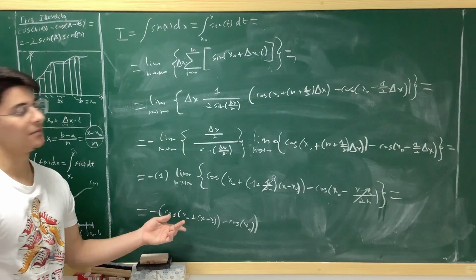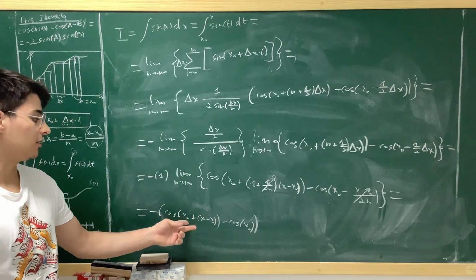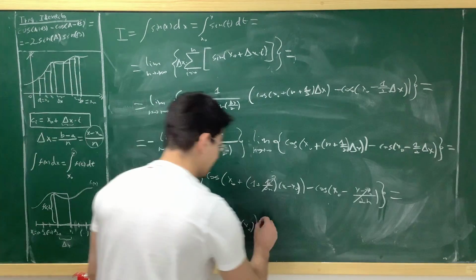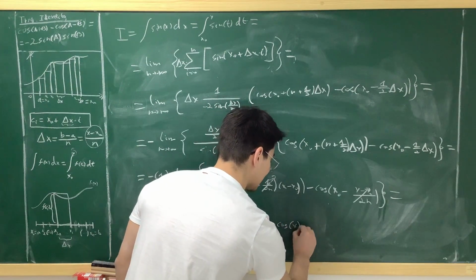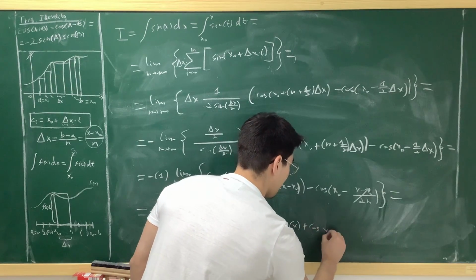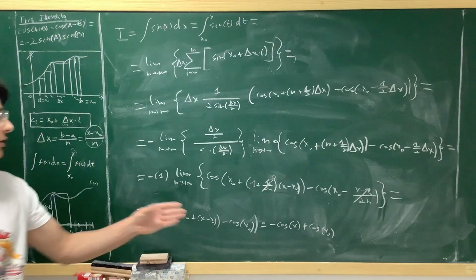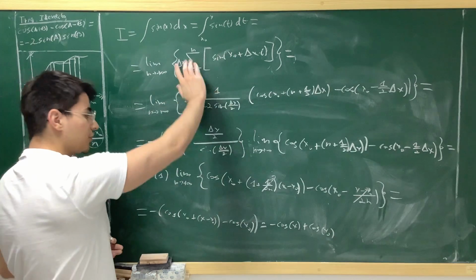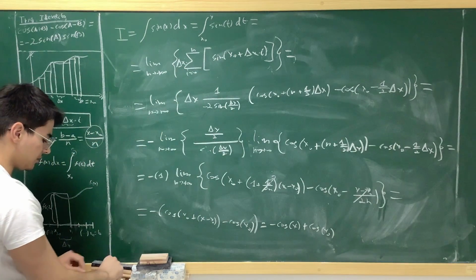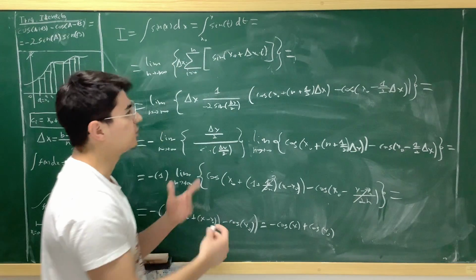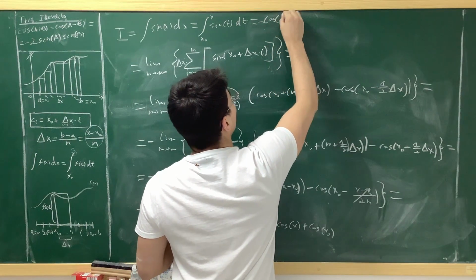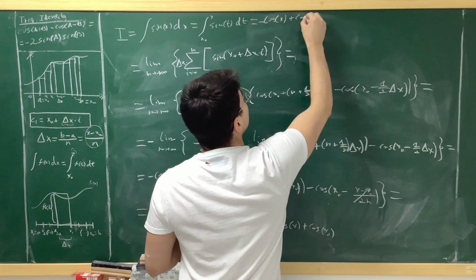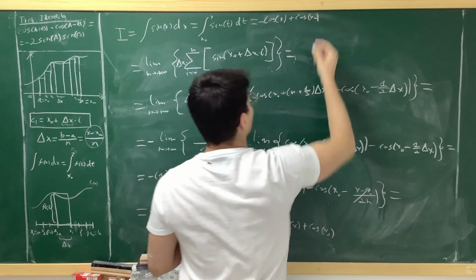Of course, x naught plus x minus x naught is just x. So we have minus the cosine of x plus the cosine of x naught, and this is the value of our integral. I'm going to write it here so I can erase this and make some fast comments about this result.